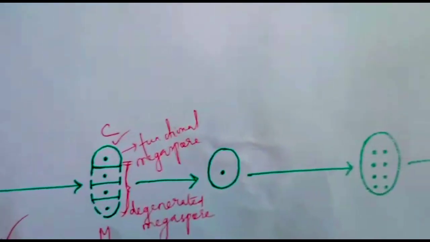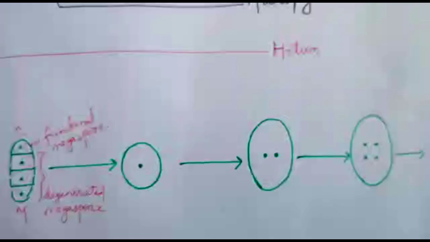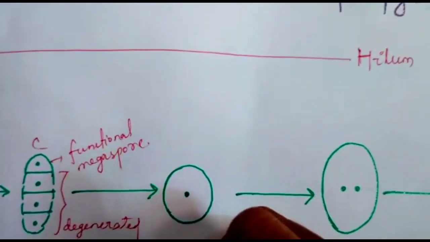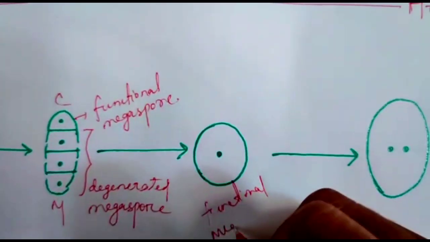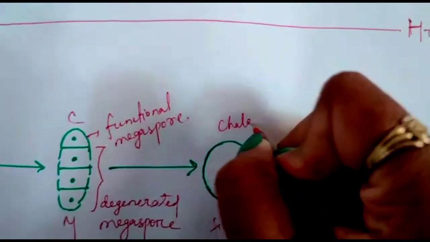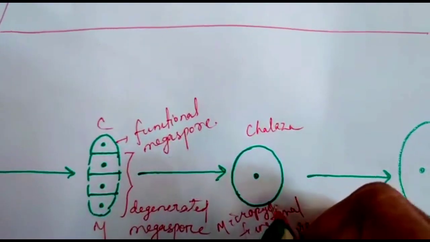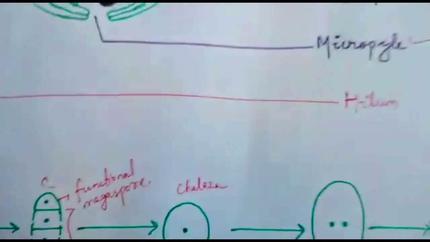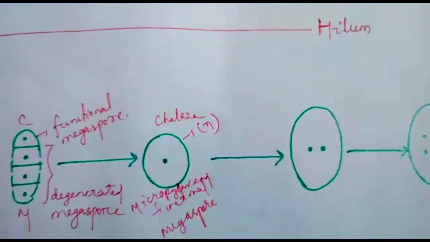Now, this megaspore enlarges its size. So, this is the functional megaspore. It is the chalazal end and it is the micropylar end. And this megaspore is haploid.